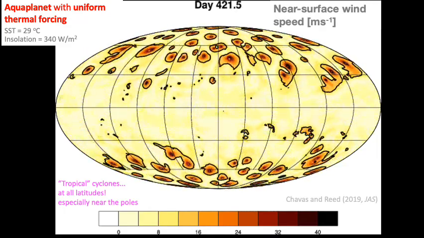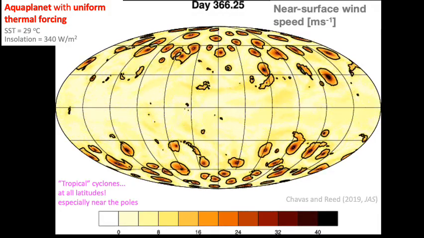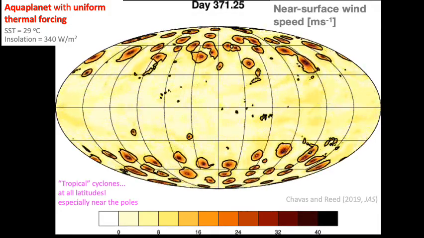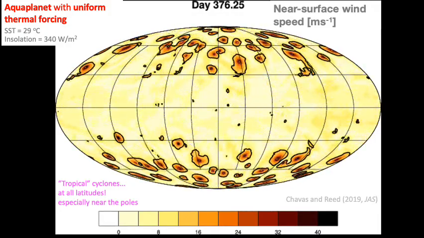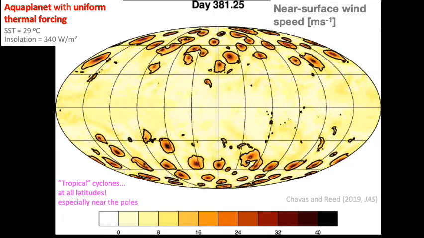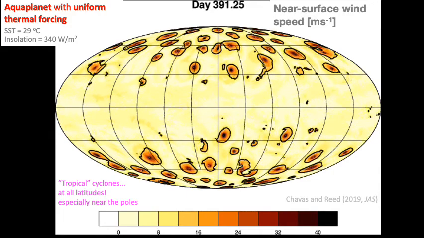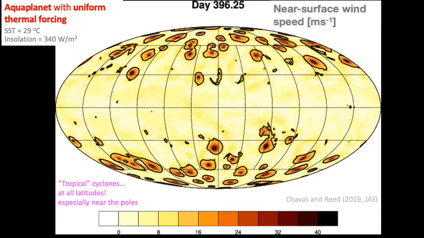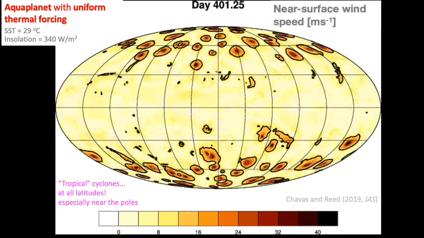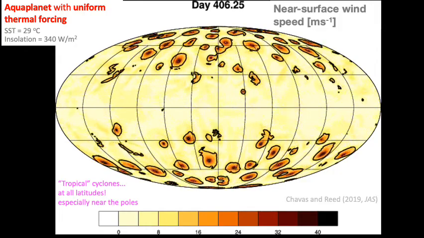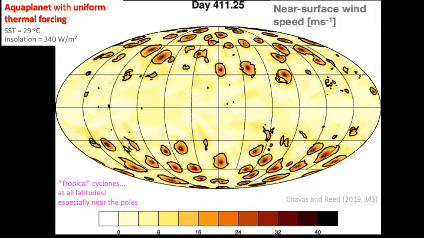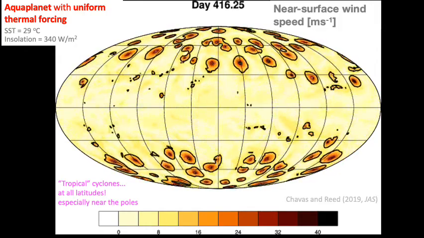What's pretty amazing is you get this world where, without large-scale temperature gradients, we don't have a jet stream anymore. We don't have baroclinic instability. For the most part, there's probably an MJO in here, but otherwise you have tropical cyclones covering much of the planet, particularly at high latitudes. But they do still generally form at low latitudes.